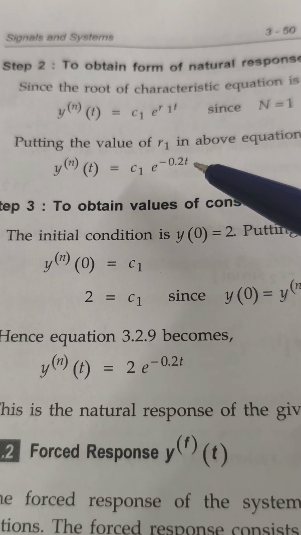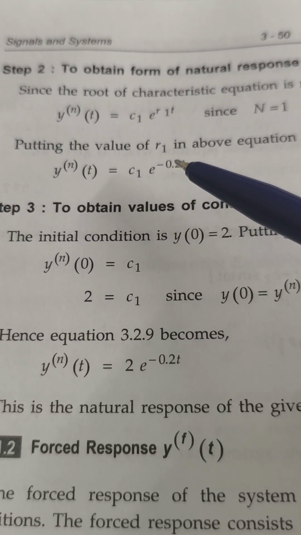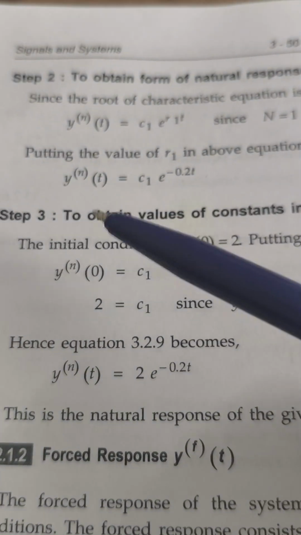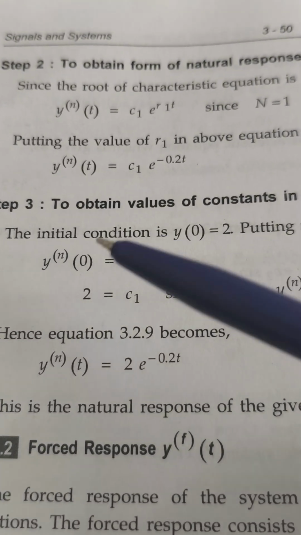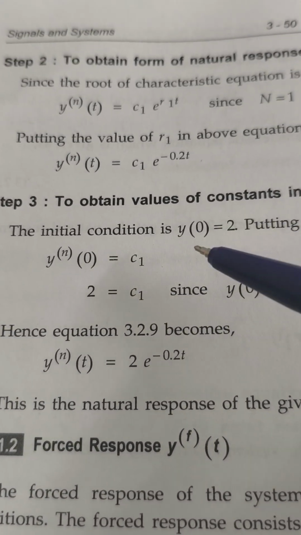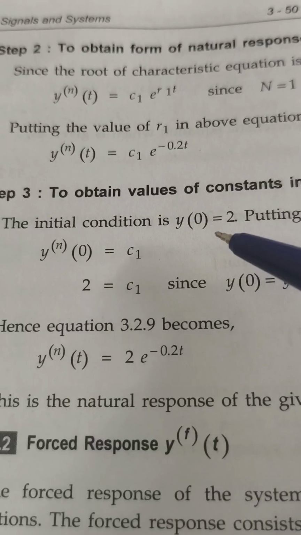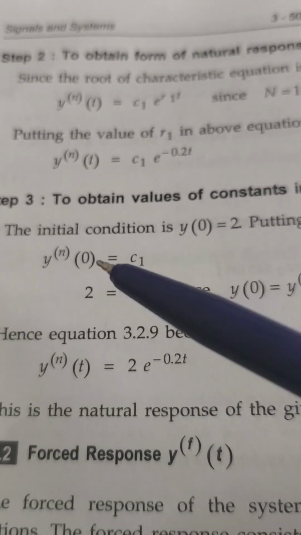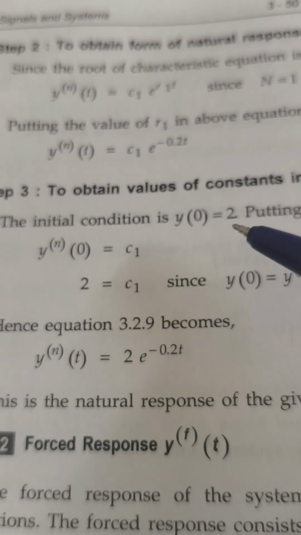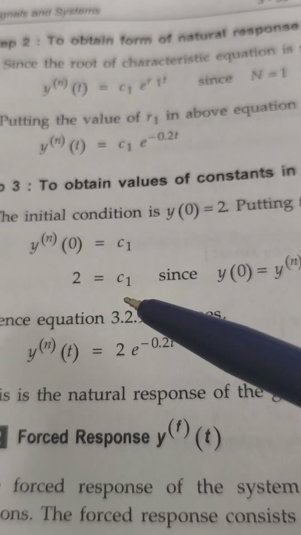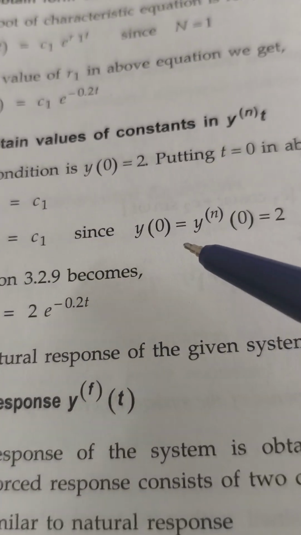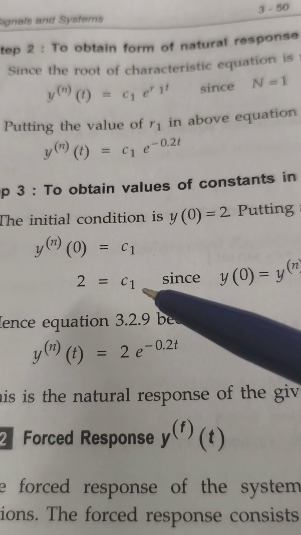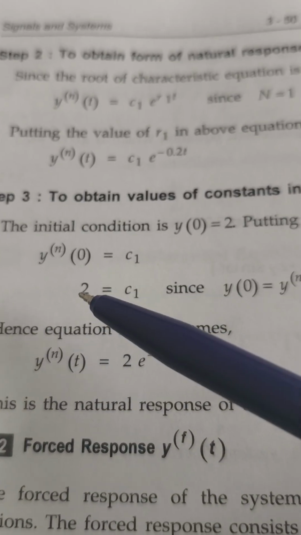Therefore, t equal to 0 means the exponent becomes 0, e raised to 0 is 1, so y(0) equals c1. Already in the initial condition they have given y(0) equal to 2. Therefore 2 equals c1, so the value of c1 is 2.